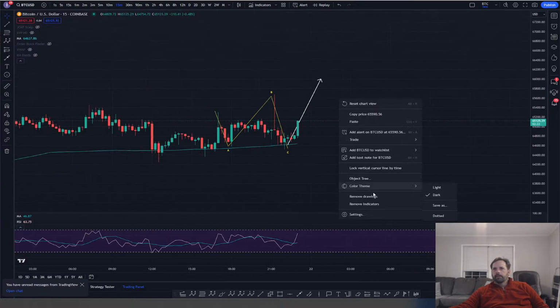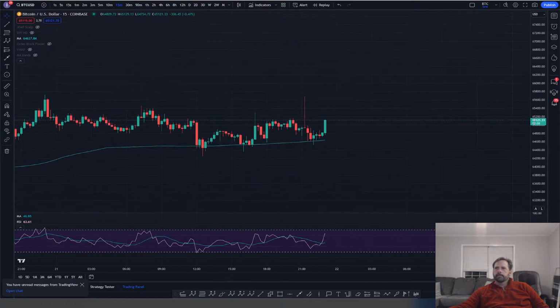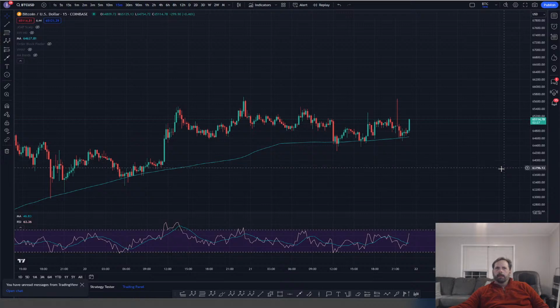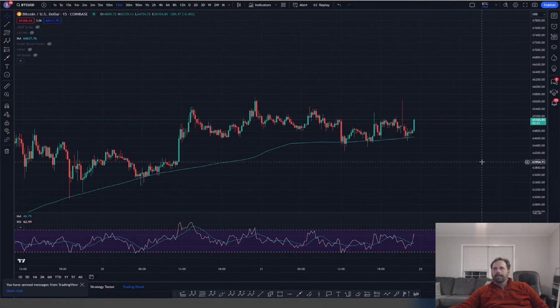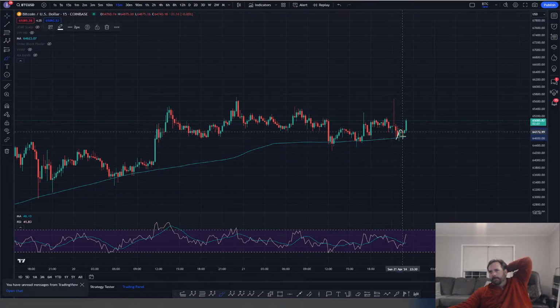15 minutes. Got a big engulfer. Yeah, I don't like that for the downside. I was looking down, but right now I don't like it. I don't like that at all, at the moment, until something changes. Well, right now it only has 3 waves, but I wonder if that's going to turn into something bigger. But right now we got a 3-wave shape.